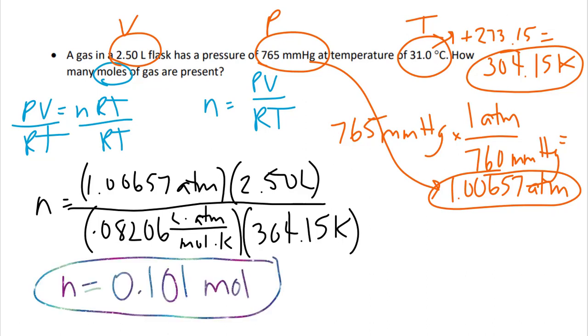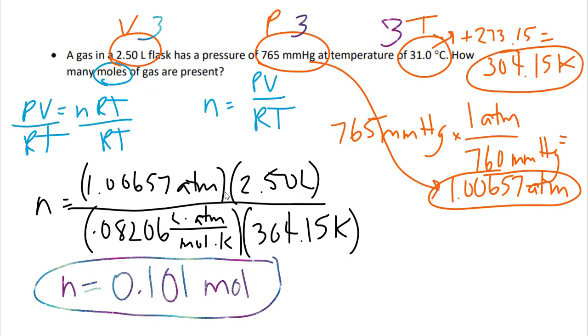And when you do this and we look at what I'm starting with, I have 3 sig figs on top, 3 sig figs for pressure, 3 sig figs for temperature, so I need to end with 3. So we should have, for my moles, 0.101 moles of whatever gas is present. And so with this bit that we've just done through ideal gases, hopefully you understood how to rearrange this equation to solve for pressure, volume, moles, or temperature through the ideal gas law.